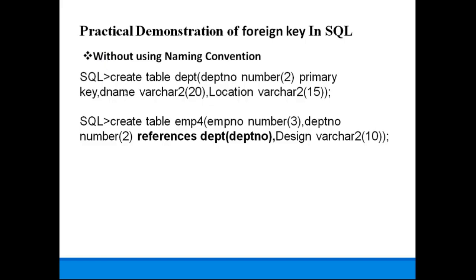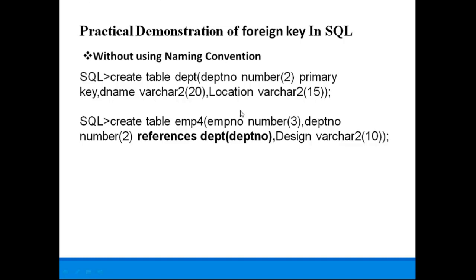Here I create a department table with department number, department name, location columns, and here I assign department number as a primary key. And again I create the employee EMP4 table with columns employee number, department number, and designation.